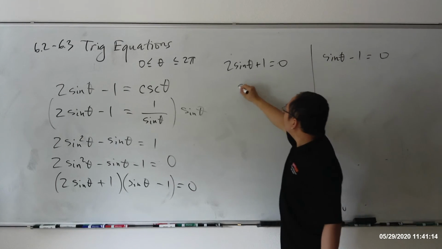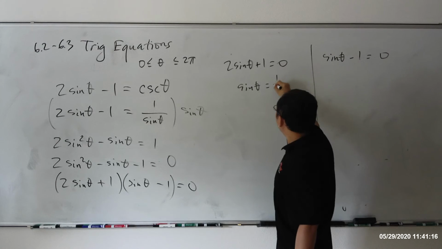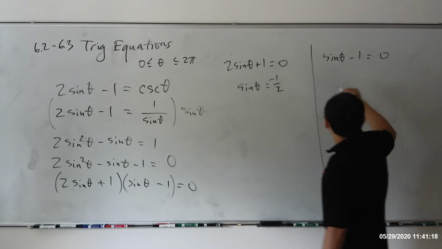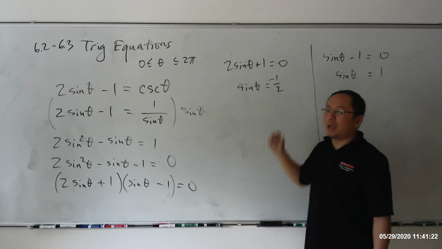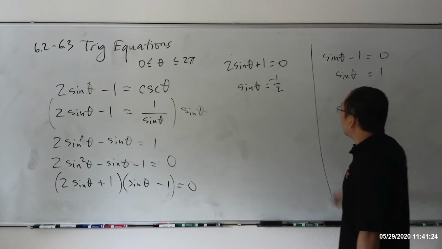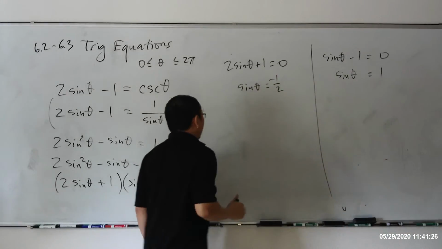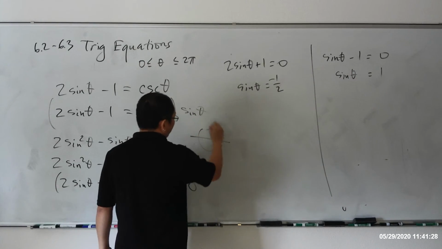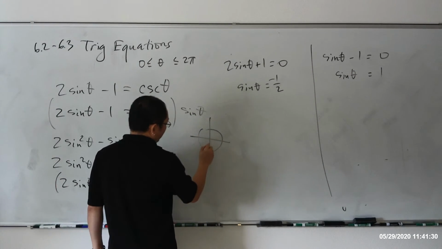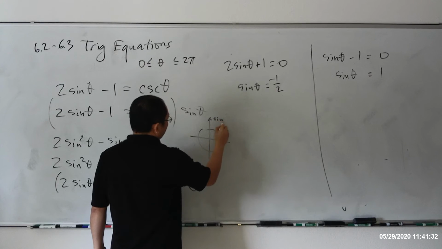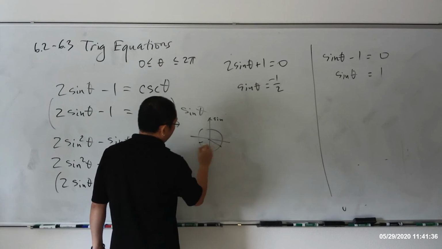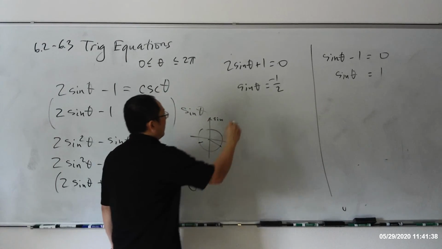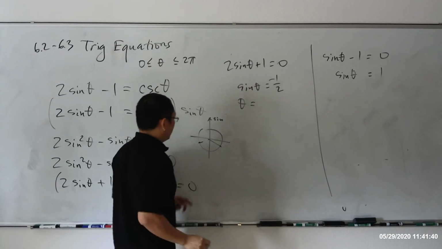So in here you get either sine theta equal to negative 1/2, or sine theta equal to 1. Now you ask yourself, what angle makes sine equal to negative 1/2? I don't remember, so I draw it: negative 1/2 for sine is right here. So theta is equal to what?